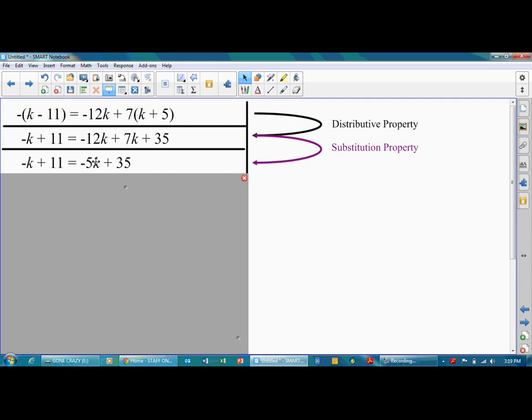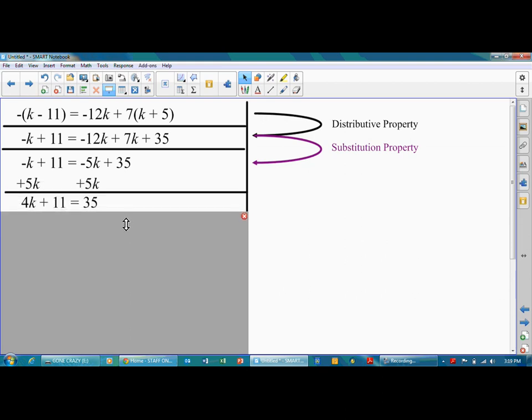That's the substitution property. And then, just like the others, we need all the k's on one side. So we add 5k to each side and get 4k plus 11 equals 35. And so that would be, since we added, the addition property of equality.